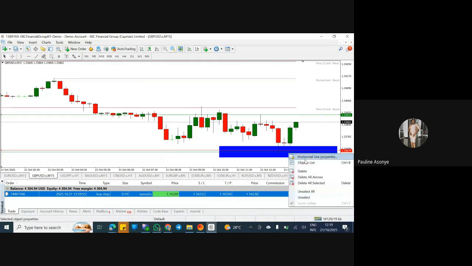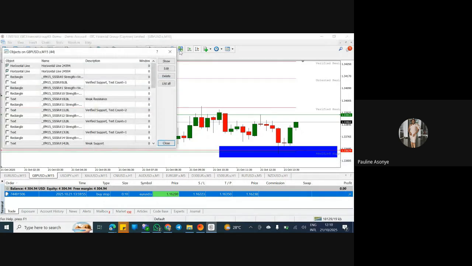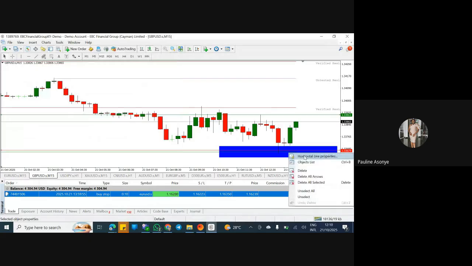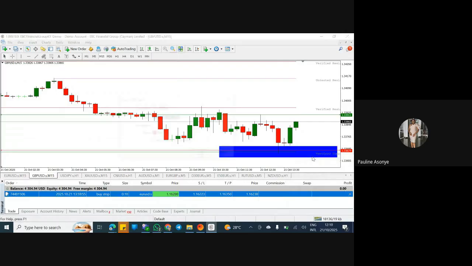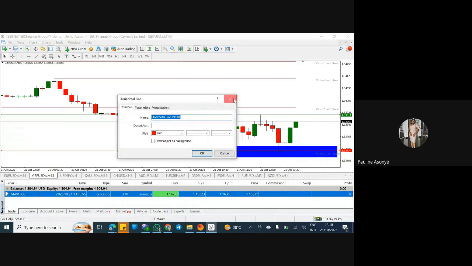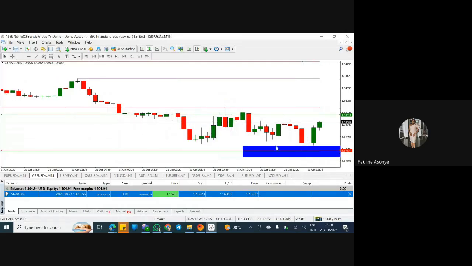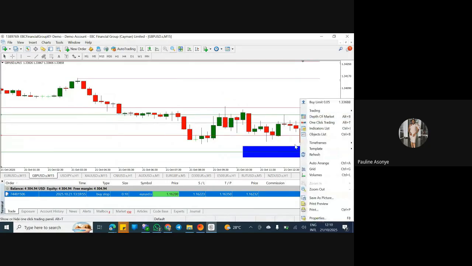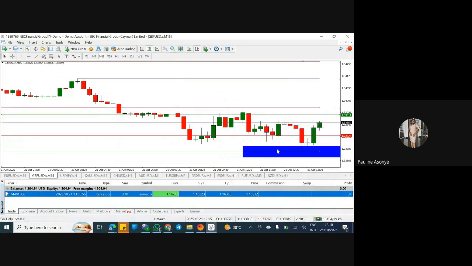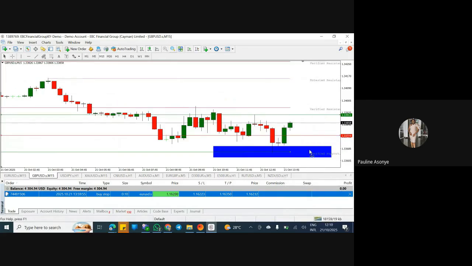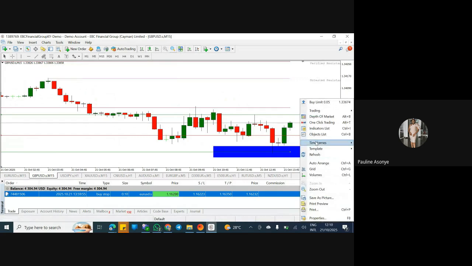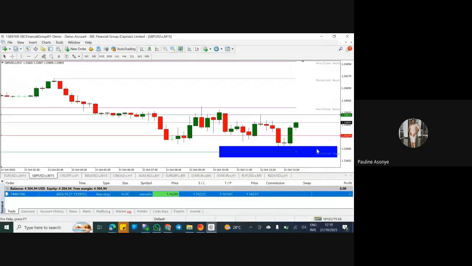I want to delete this. So I want to say that because of this point, price is going to get back to this area that I have marked blue.